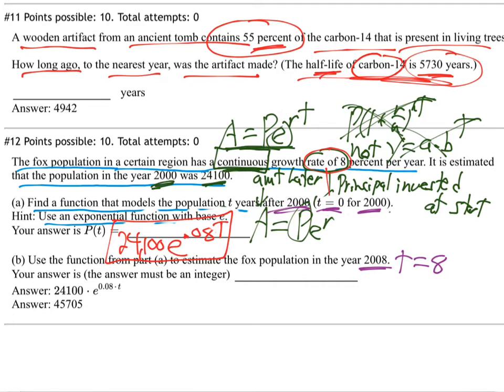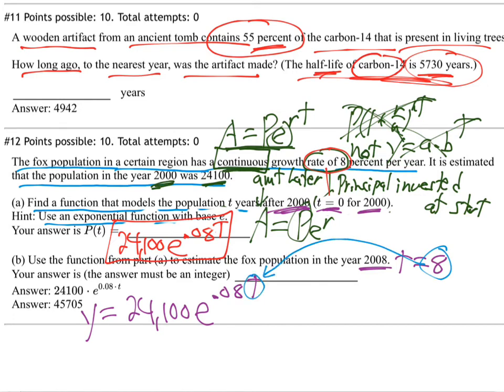They're starting in the year 2000, so that's the starting point. So 2008 is 8 years later, so plug in an 8. So take the formula, y equals, or amount equals, or population equals, whatever you want to call it, 24,100 e to the 0.08t. Grab that 8 and plug it in right there for t.